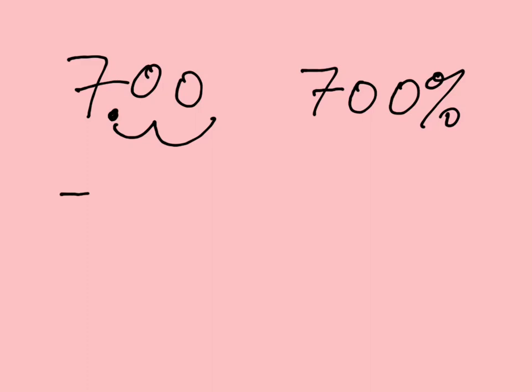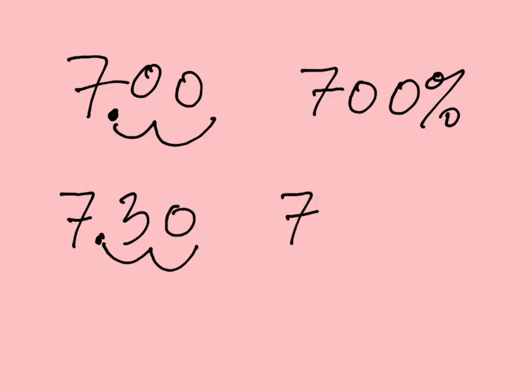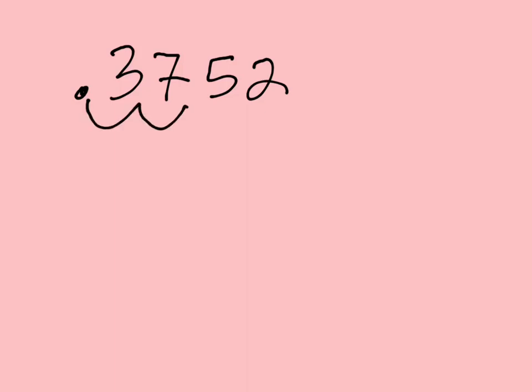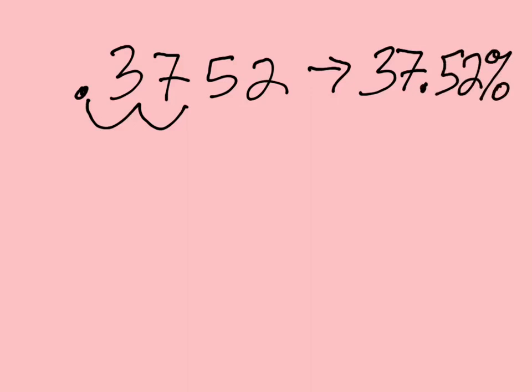And if I had a whole number plus part of a decimal, then 2 places gives me, with the appended 0, 730%. And if I had more than 2 decimal places, let's say I had 0.3752, then that gives me 37.52%.